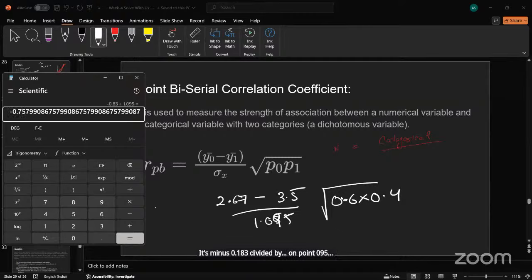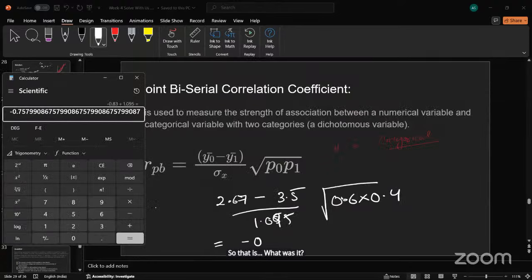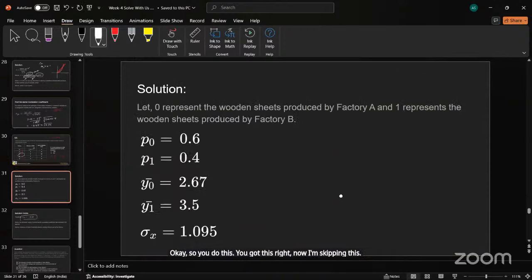That is minus 0.75. Then you multiply it by under root of 0.6 into 0.4. Okay, so you do this. You got this, right? Yes, sir.